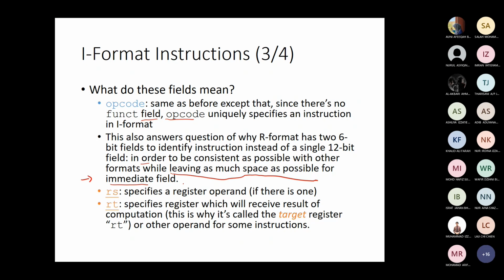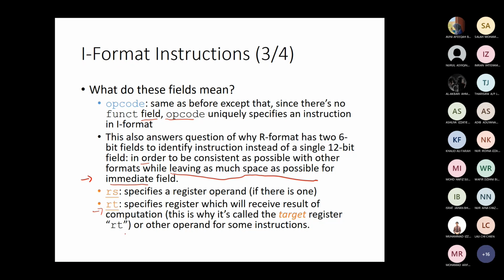RS specifies a register operand if there is one. Sometimes there is no value in the RS. And then RT specifies the register which will receive the result of computation. This is why it's called the target register, or other operands for some instructions. So in this case, RT becomes the destination.